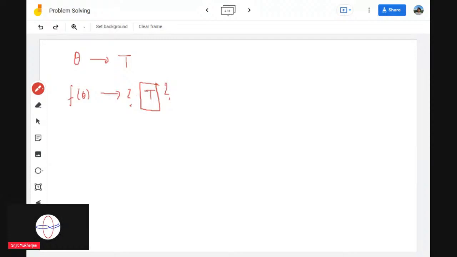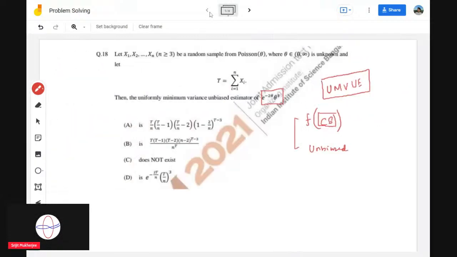T is also sufficient for f of theta, but for completeness, if the function is invertible, then T is also complete for f of theta.